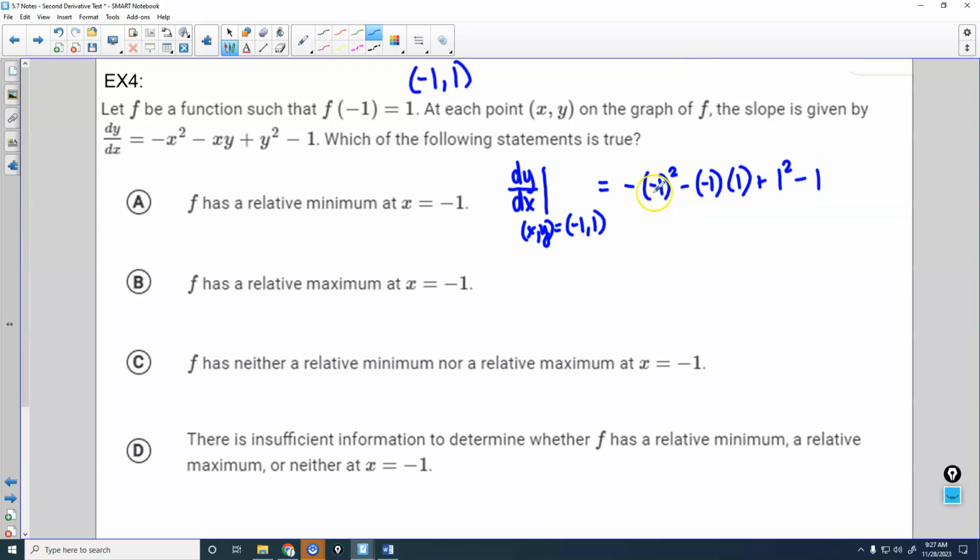And just be careful right here. This square right here gets rid of the negative on the inside of the parentheses. It does not get rid of the negative on the outside. So you've got negative 1 plus 1 plus 1 minus 1. That does give you 0.